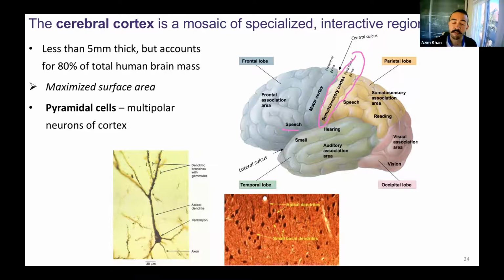If you remember, we talked about somatosensory receptors. Somatosensory receptors sense stuff from your body and eventually send it up to your brain in this area, the primary somatosensory cortex. So the primary somatosensory cortex is found in the post-central gyrus of the parietal lobe.